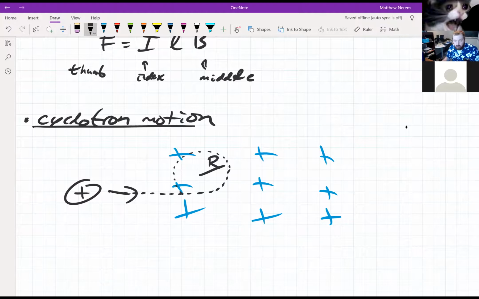We're doing directional. When do we flip our thumb? Negative charges. So this is a good opportunity for that.